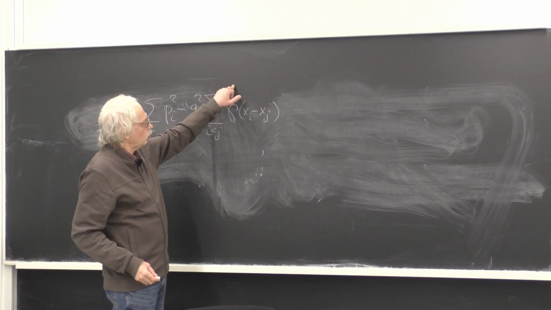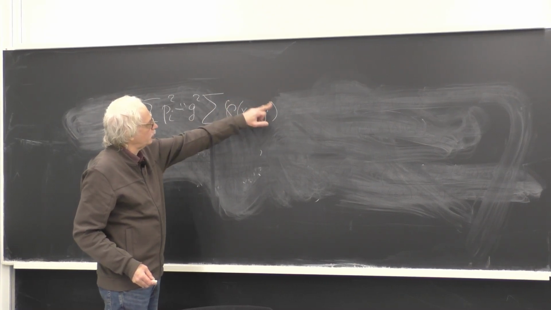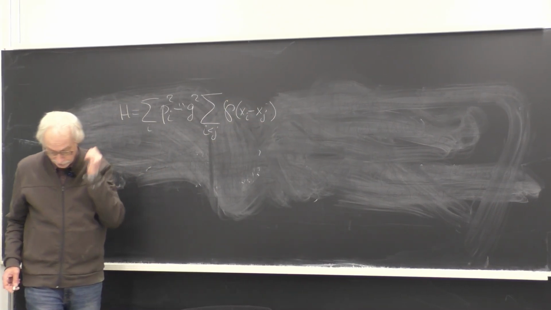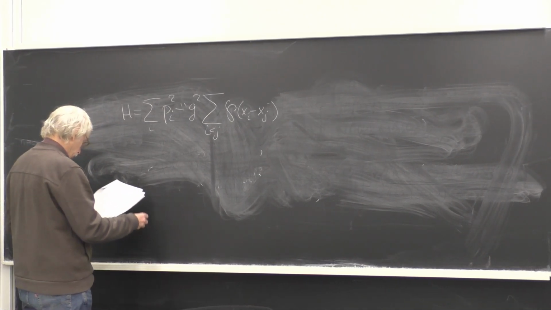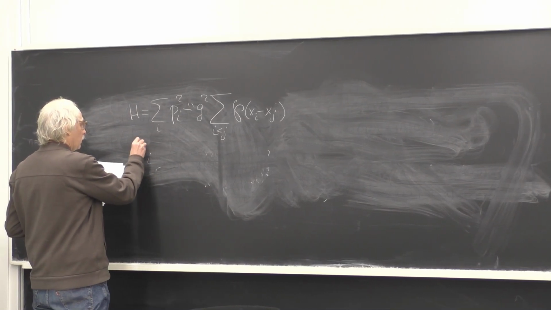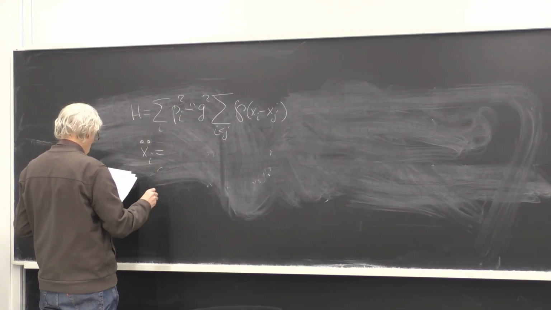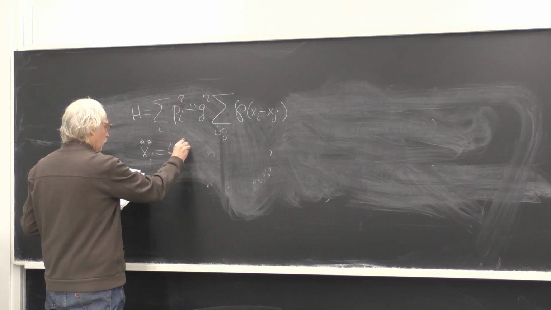Instead of 1 over x squared, we have this Weierstrass function here. And the Newtonian equations of motion are of this form.